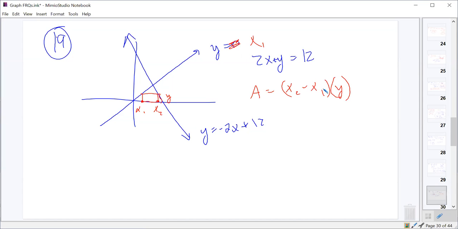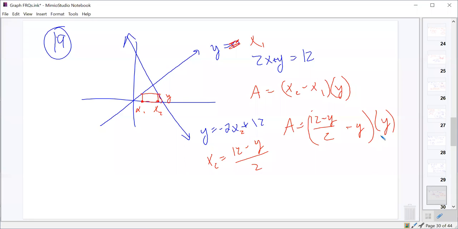So x1 is just equal to y, and x2 ought to be (12 minus y) over 2. So we end up with our area formula: ((12 minus y) over 2 minus y) times y. And we can simplify that down.